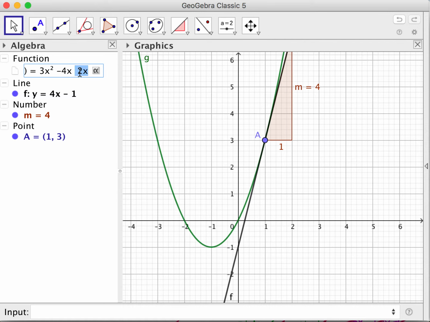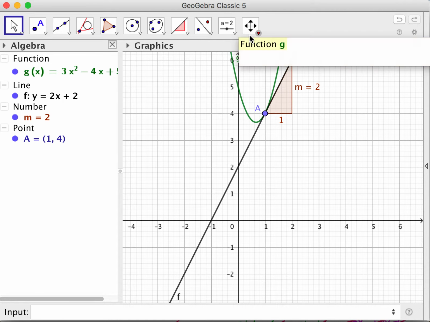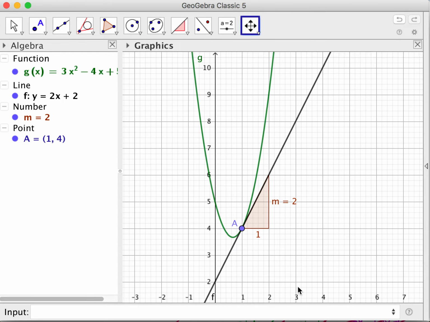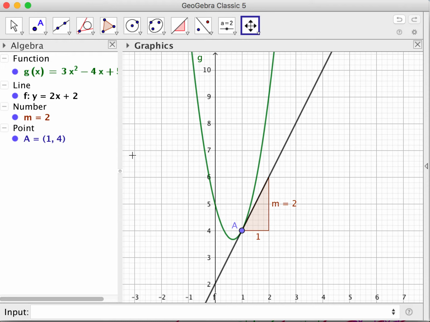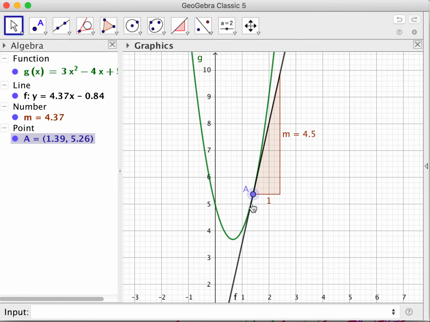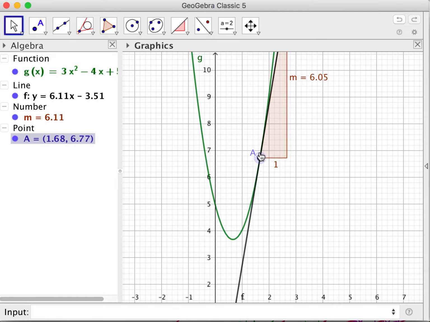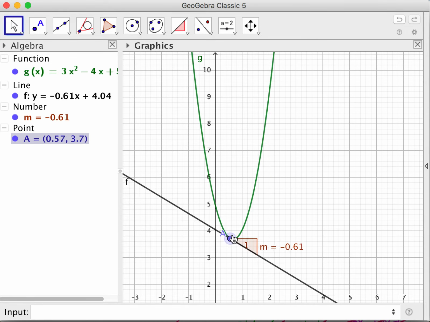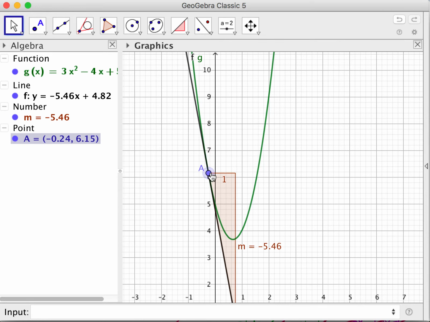That is our function. And the slope of the tangent line, actually we are getting the slope of the function at a particular point. Of course, the slope changes, depending on where it is.